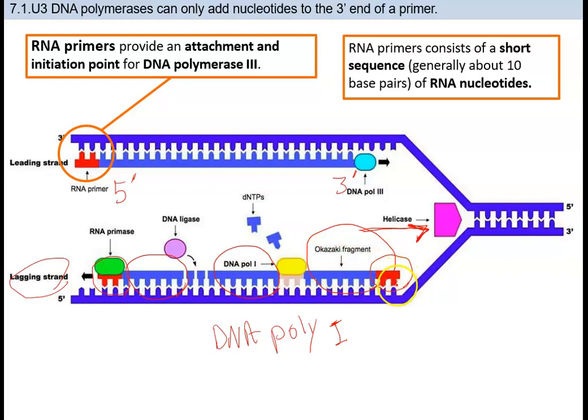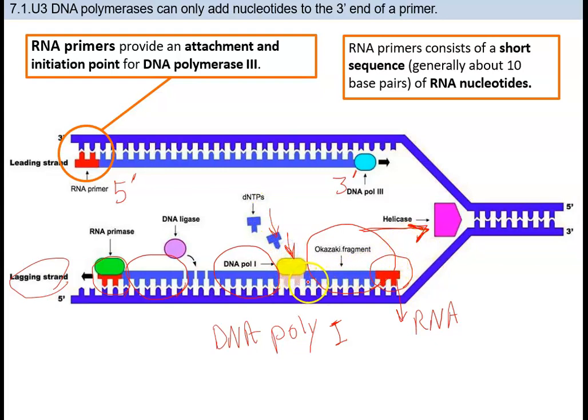Because this is not only RNA, but the function is not for the purpose of replication. The function is just for recognition of where to start the replication. And also it is RNA, it is not DNA, so it has to be removed. DNA polymerase 1 removes this RNA, and then it adds the new dNTPs or nucleotides after removing.